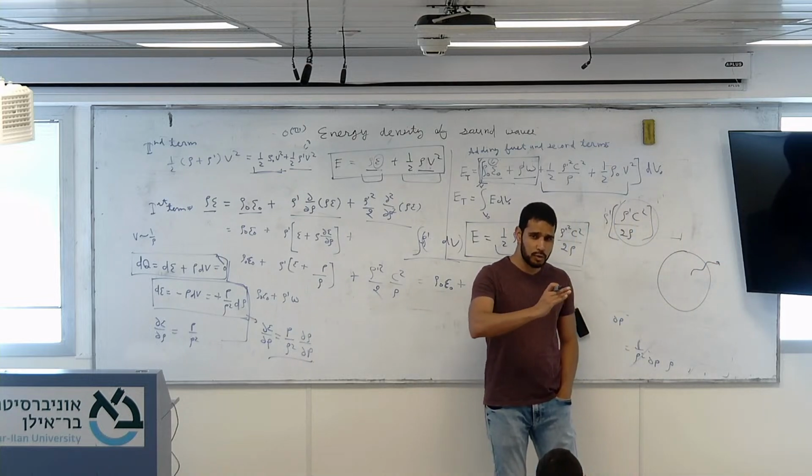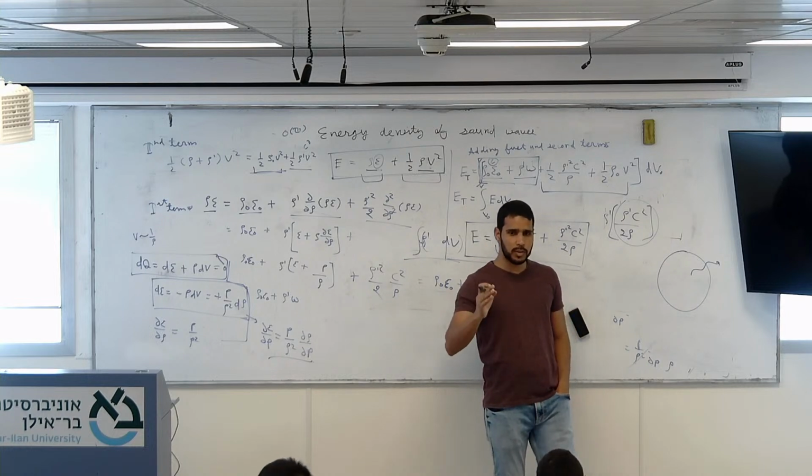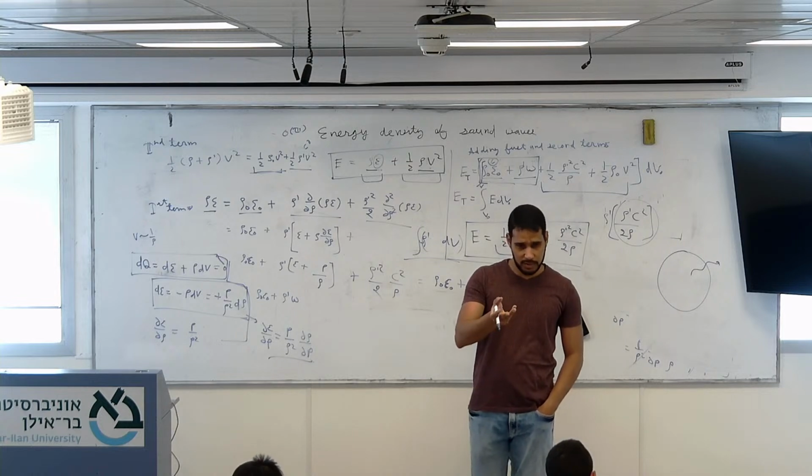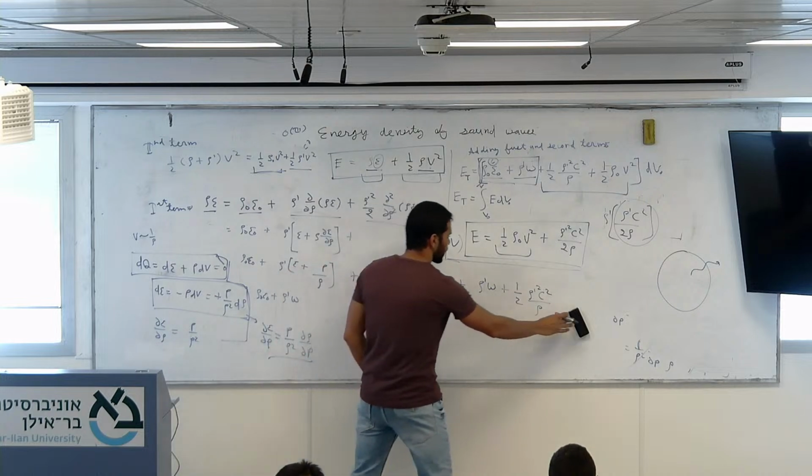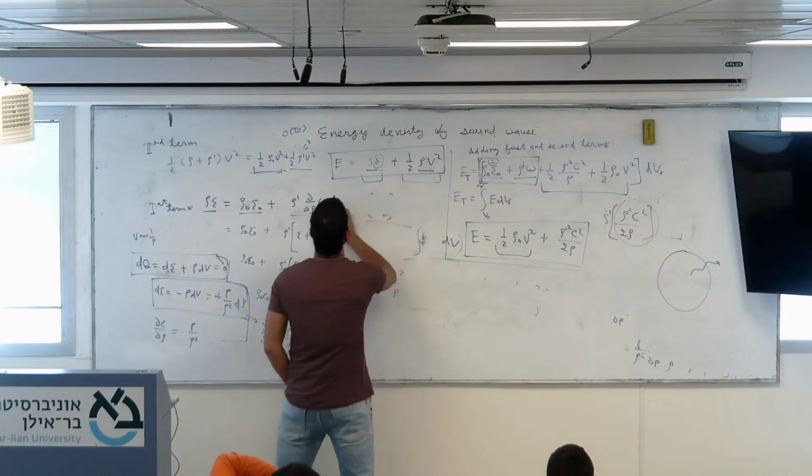So energy is actually going out. Whatever energy goes out is equal to the energy lost from inside, right? Because energy is conserved. So this brings us to energy flux.